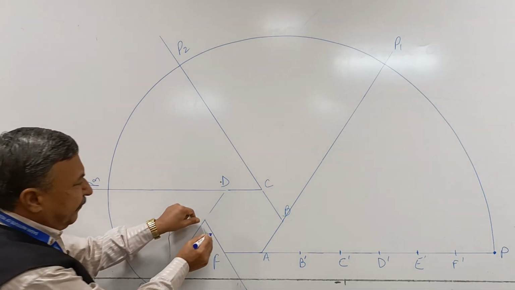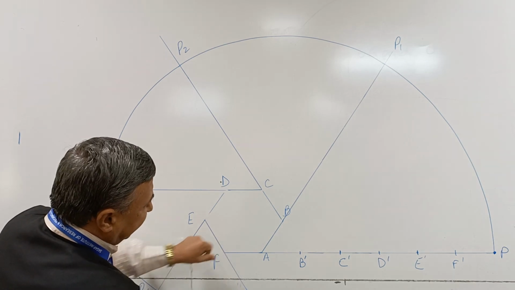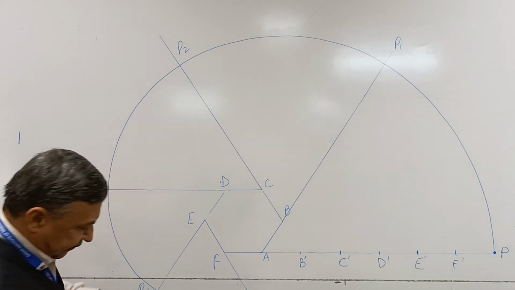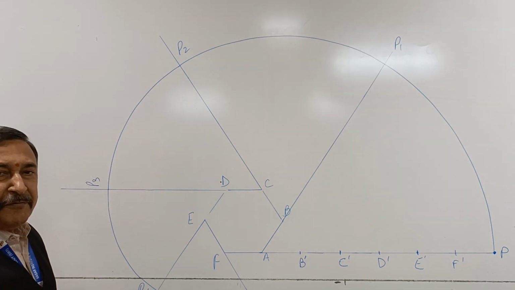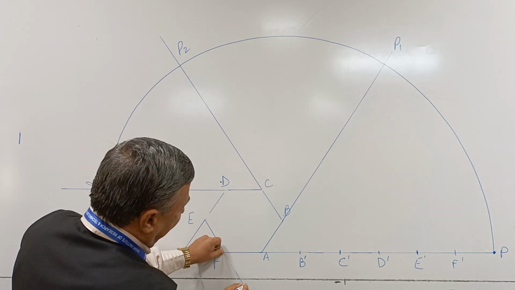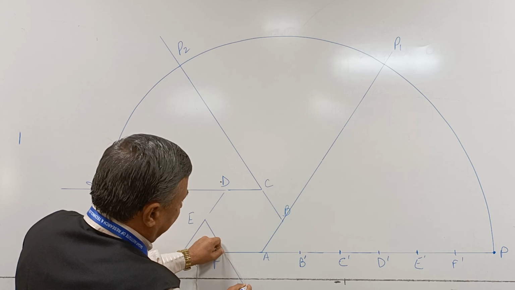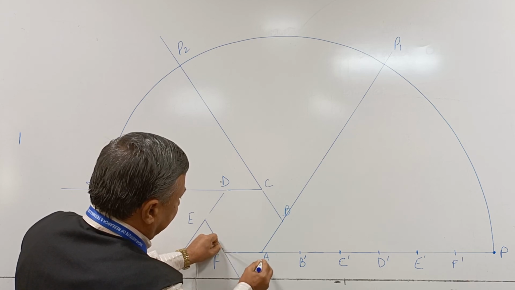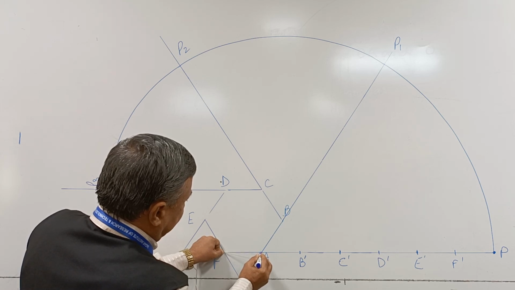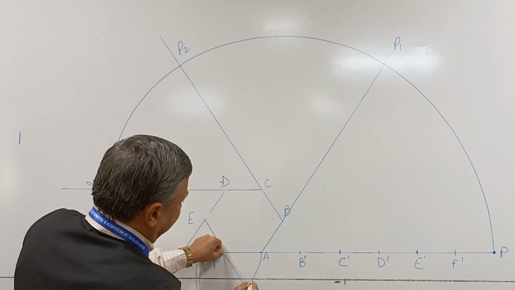Now shift center E to F and radius equal to F P5 and construct this arc. This will automatically join up to A dash.